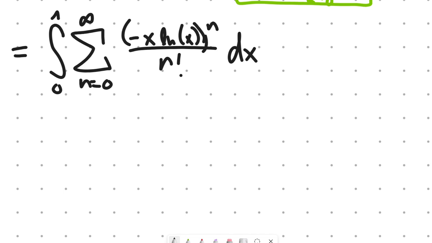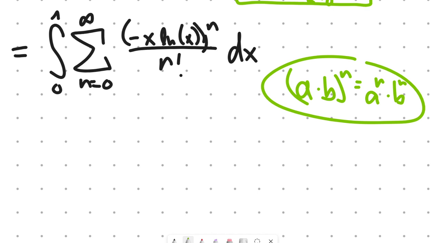Now we can factor out something outside, but before we do that, we want to do a small substitution. Before that, we know the exponent rule that (a times b) to the n is the same thing as a to the n times b to the n. So we can use this fact to distribute the exponent onto those two components.